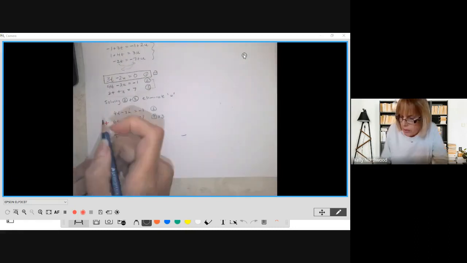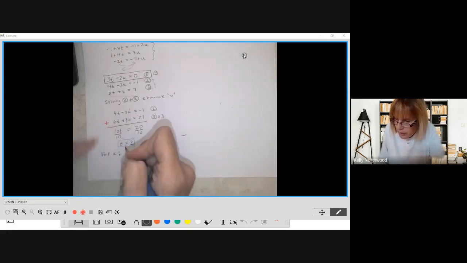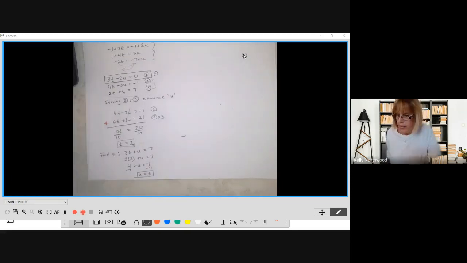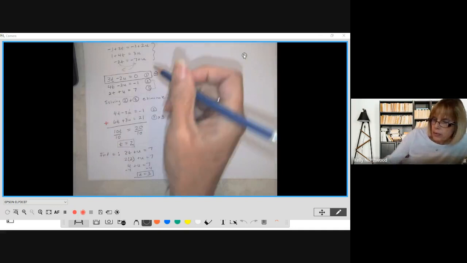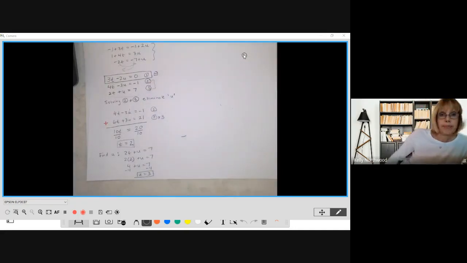So I'm using 2t plus u equals 7, replacing t with 2. And I end up getting u equals 3. So solving the system, just equations 2 and 3, I get that t is 2 and u is 3.